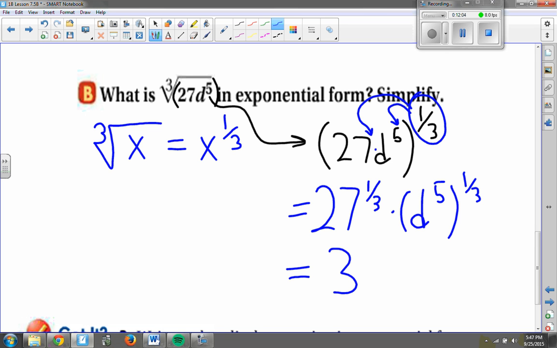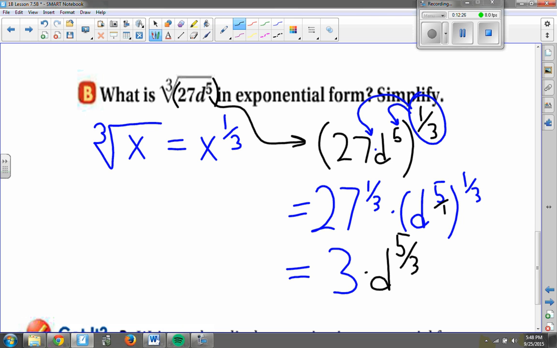And then this d to the 5th to the 1/3 power, when we raise a power to a power, what do we do with the exponents? We multiply them. So this is 3 times d to the 5/1 times 1/3 is going to be 5/3.